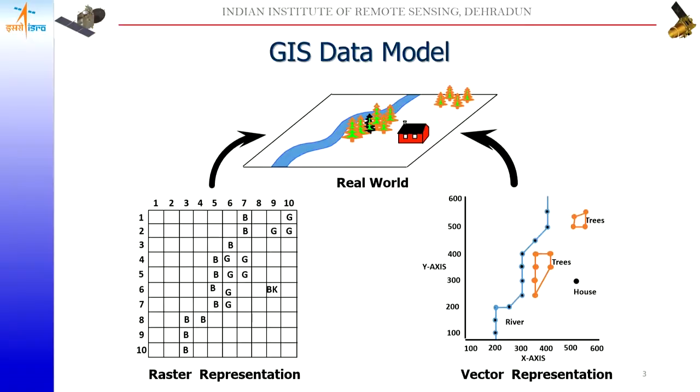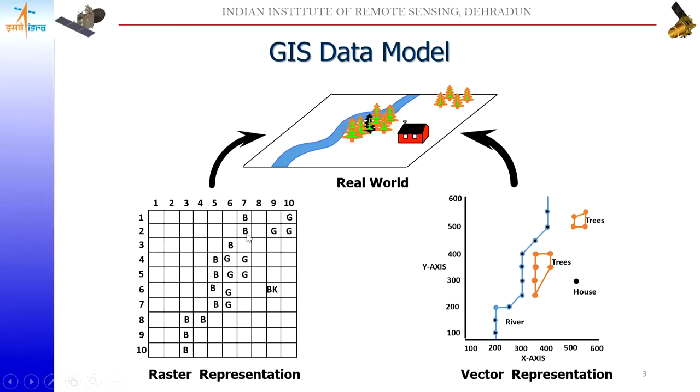So with reference to the GIS data model, GIS allows us to represent the geographic phenomena appearing in the real world either in the form of a raster, as we said, a pixel or grid represented by tessellations, or in the form of a vector, which is the point, line, and polygon. Given the real world phenomena, since we have to represent it in a computer based system, in the raster mode, if you talk about a water body or a stream, the values will be stored in the pixels wherein this phenomenon is occurring.